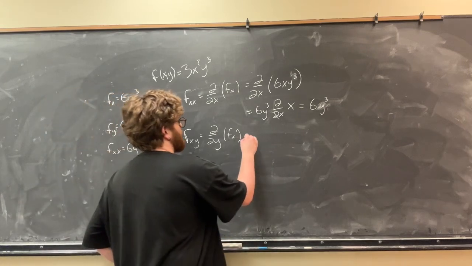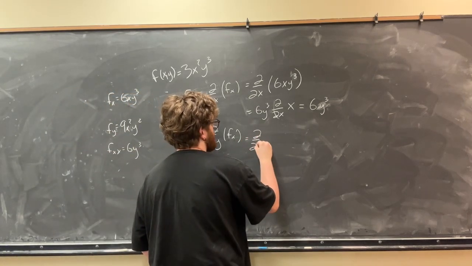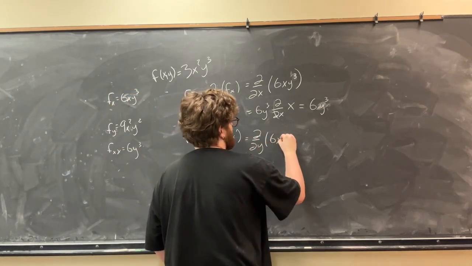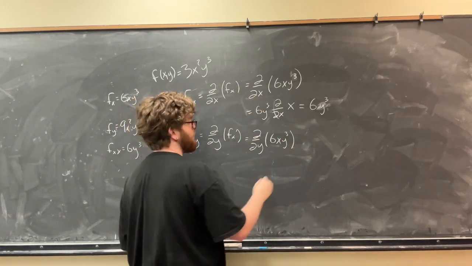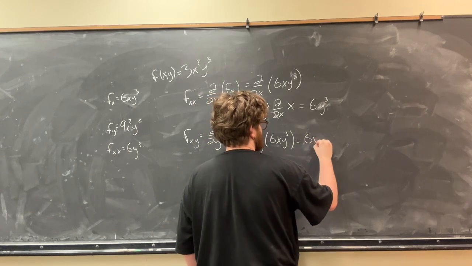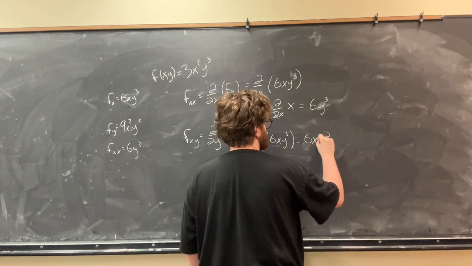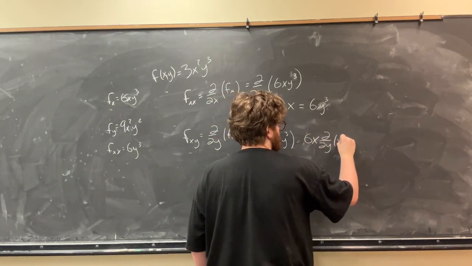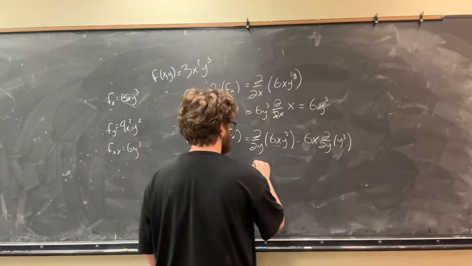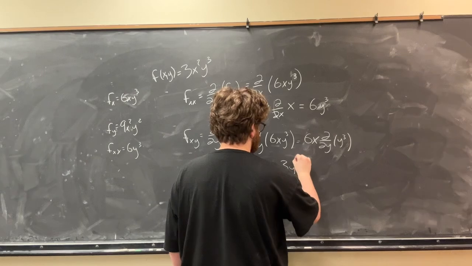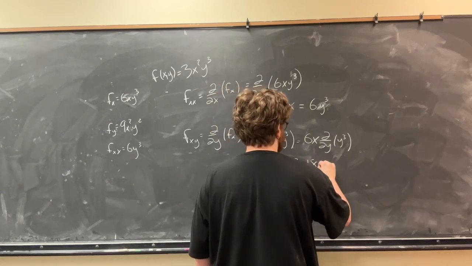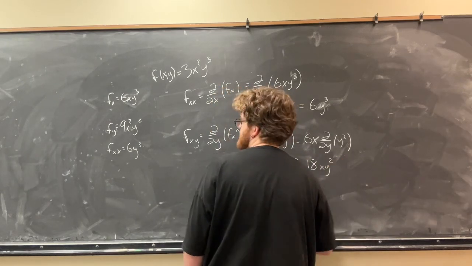Cool. So that gives me the partial with respect to y of 6xy cubed. We can pull the non-y stuff out. So this is going to be 6x times the partial with respect to y of y cubed, which is 6x times 3y squared, which is 18xy squared.